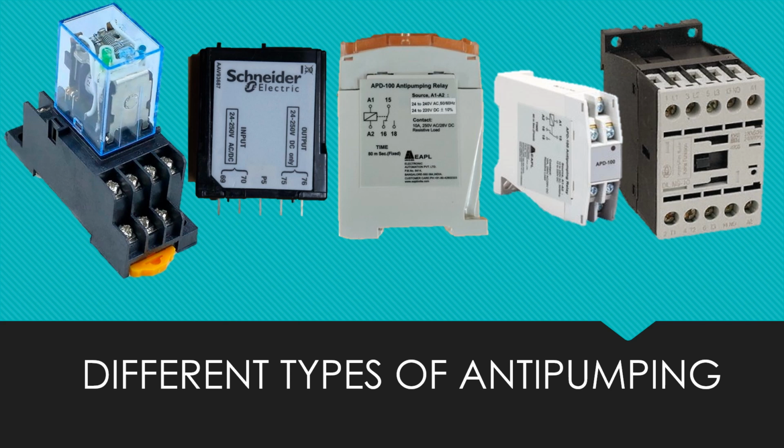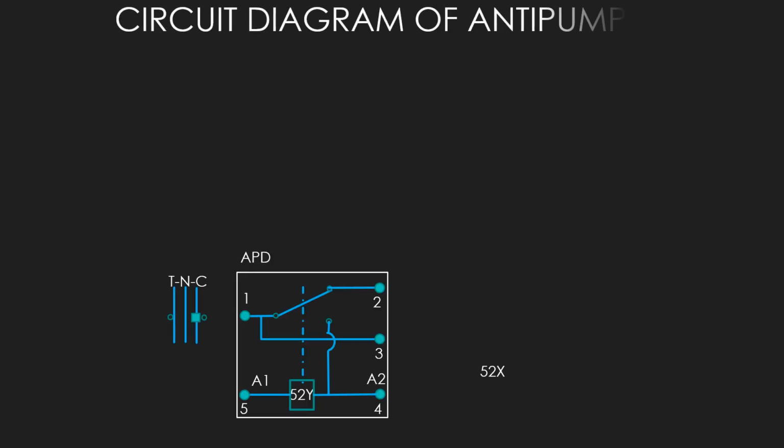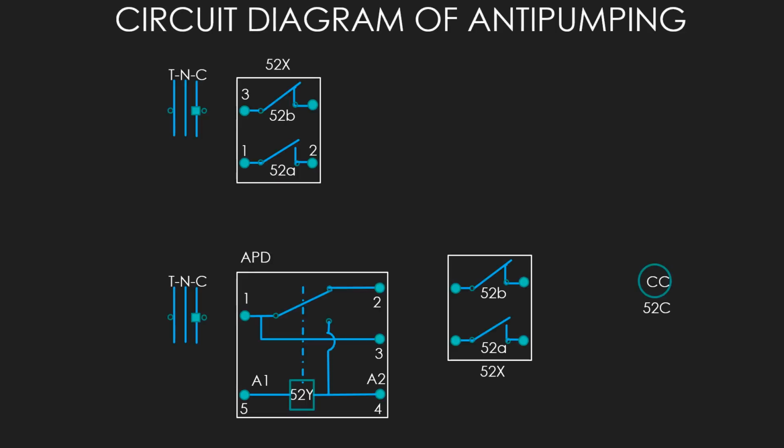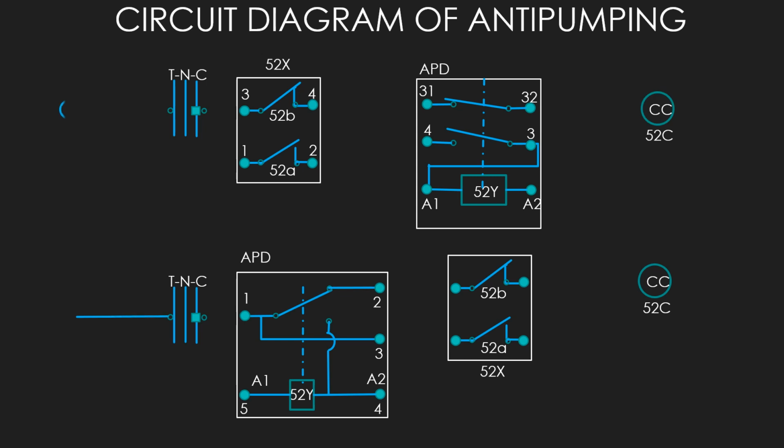A high-speed contactor with one NO and one NC may also be used for this purpose. Circuit diagram connections of two types of APD are shown here. Please watch.